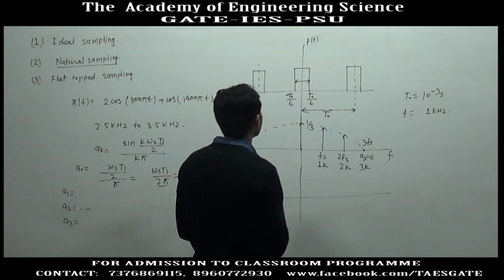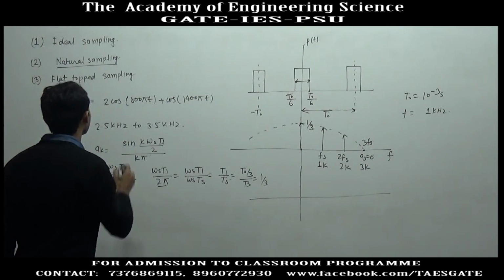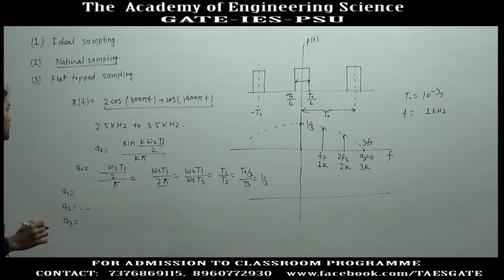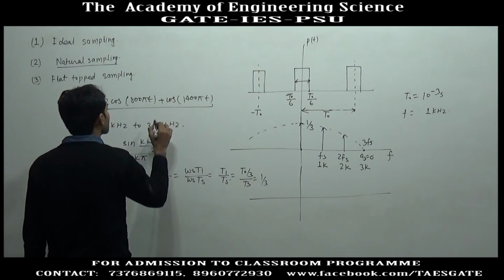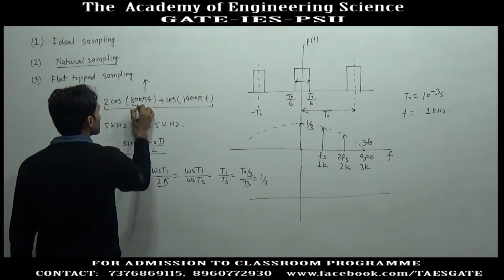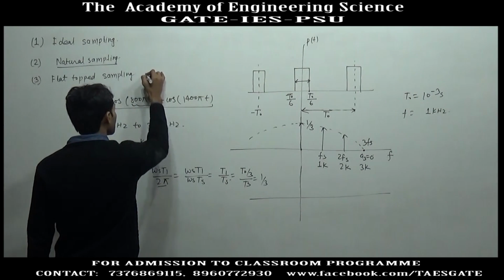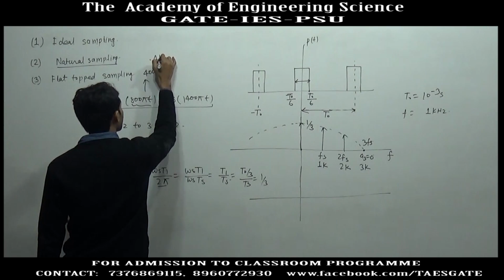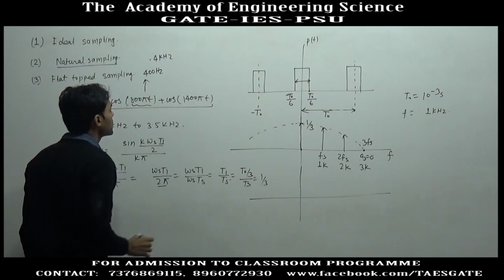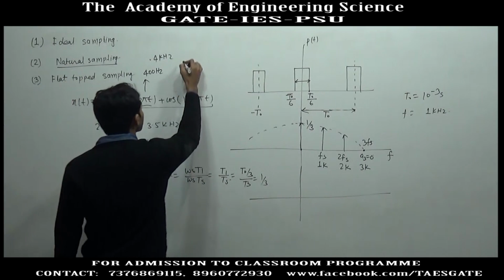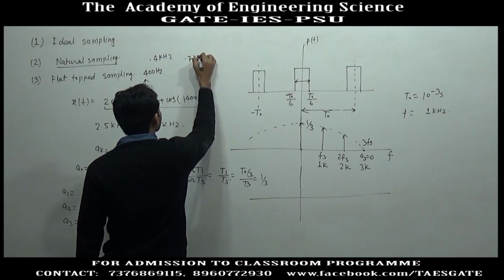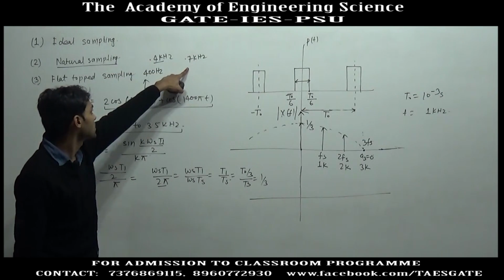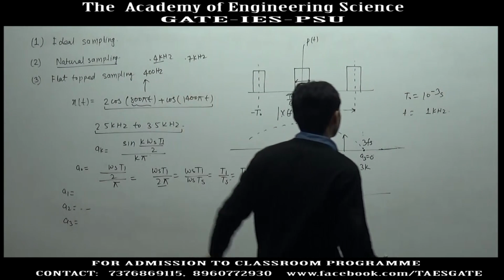And we have x(t), in which we have two sinusoidal signals. One has a frequency which, if you divide by 2 pi, gives 400 hertz, that is 0.4 kilohertz, and the other gives 0.7 kilohertz. So 0.4 kilohertz and 0.7 kilohertz signals are present in x(t).